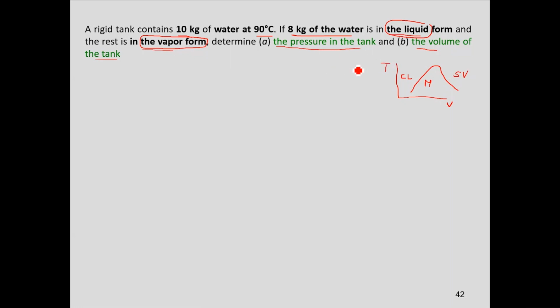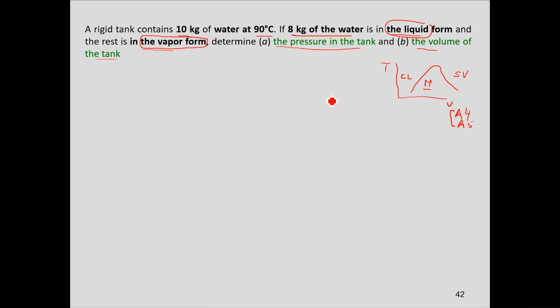The mixed state. It is the mixed state in which both of them are coexisting together. And in case of mixed states, you either refer to table A4 or you go to table A5.